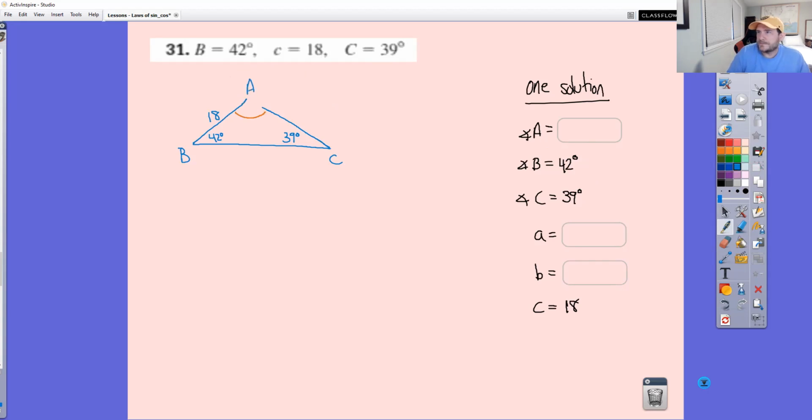So we're finding angle A, and it is as easy as doing 180 minus the 42 minus the 39. So what's that going to be? 180 minus 81. So it'll be 99. So that's the measure of angle A.